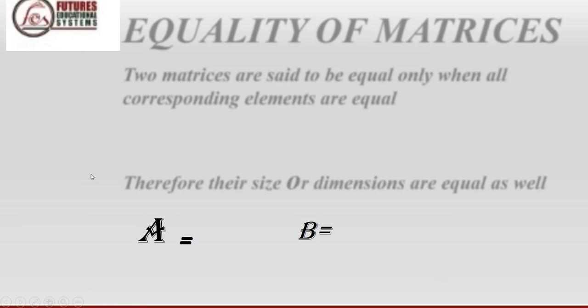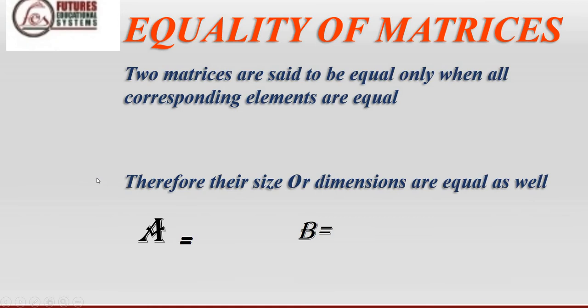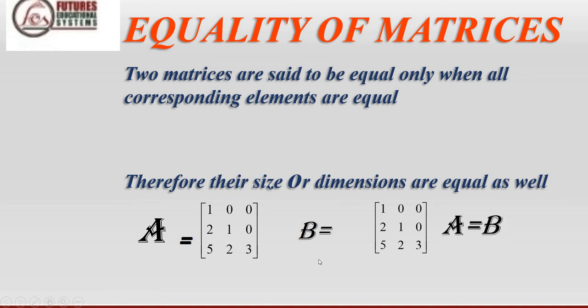Operations of matrices. Equality of matrices. We say two matrices are equal if and only if each element of the first matrix equals the corresponding element of the second matrix, and the order of the first matrix equals the order of the second matrix.